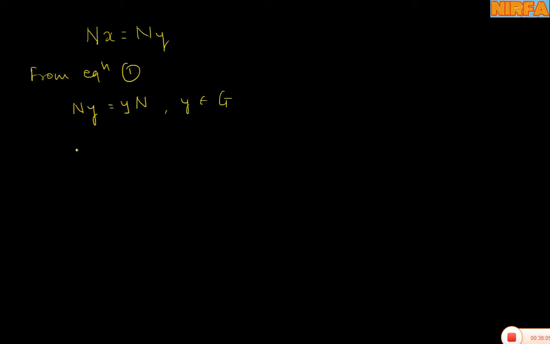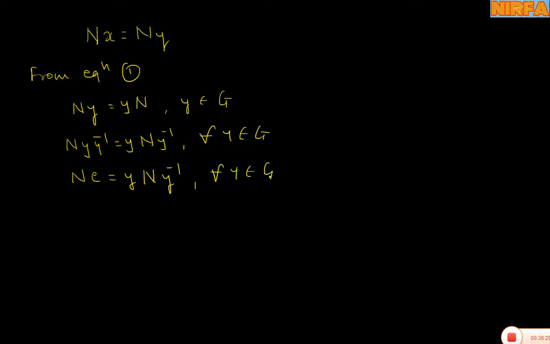Now what I should do, multiply both sides from the right side by y inverse. So I will write n into y inverse is equal to y and y inverse for all y belongs to G. This y into y inverse is identity, therefore n into e is equal to y and y inverse for all y belongs to G.